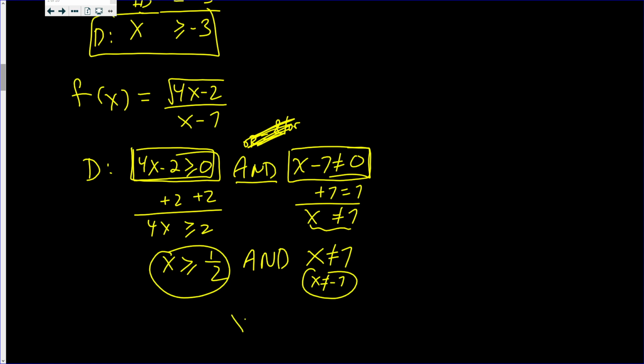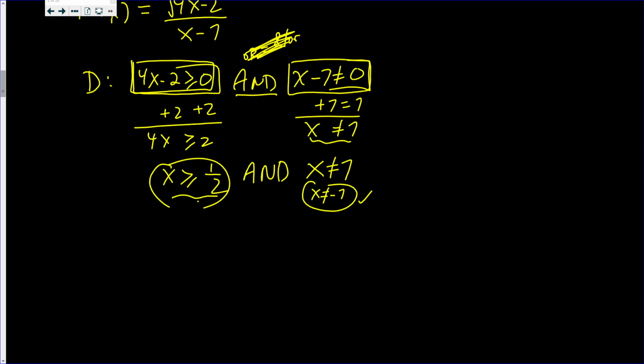So I would just say x has to be bigger than a half. This would be redundant because this already says that x can't be negative 7. It says x can't be negative 4. It says x can't be 0. It already includes a lot of values that x cannot be.